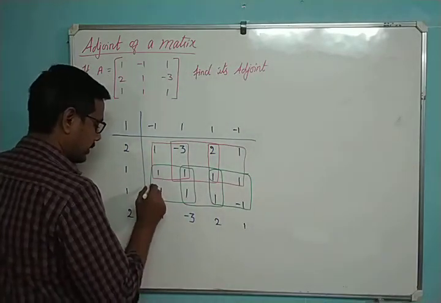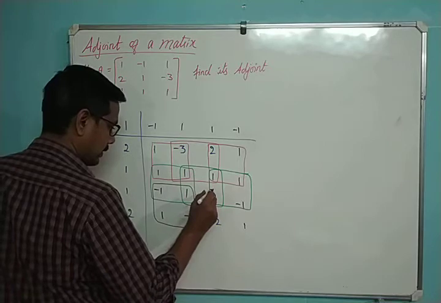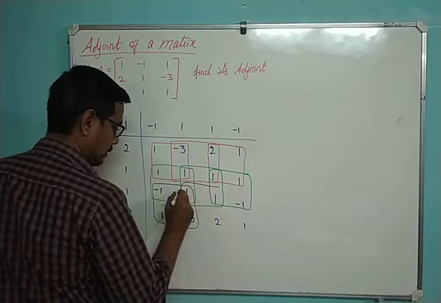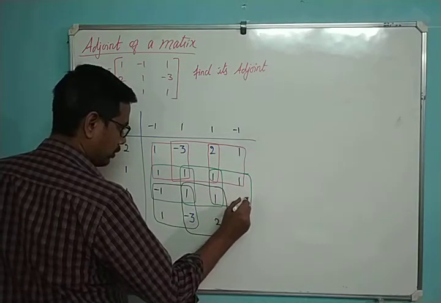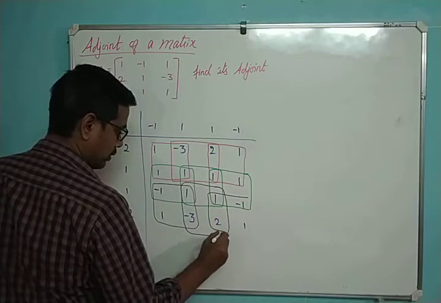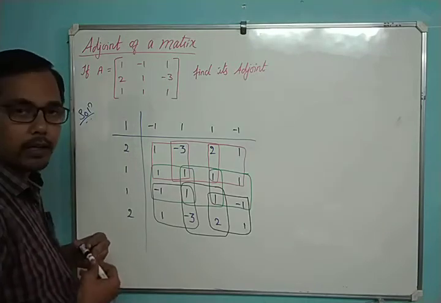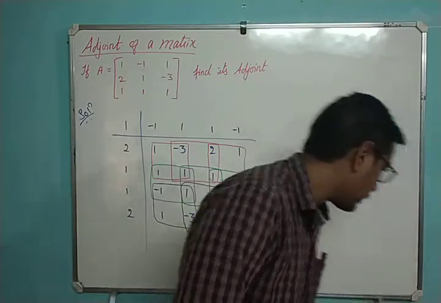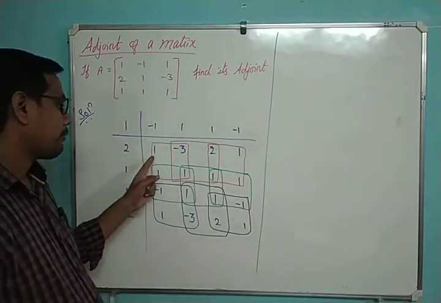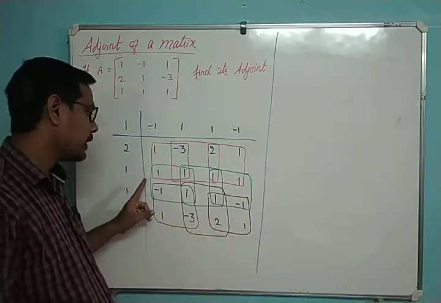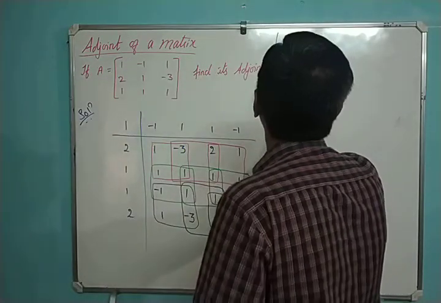So the third one is 1, 2, 3. So this is our third value. Now you can see the first row is denoted by red blocks, the second row by green blocks, the third row by black blocks.